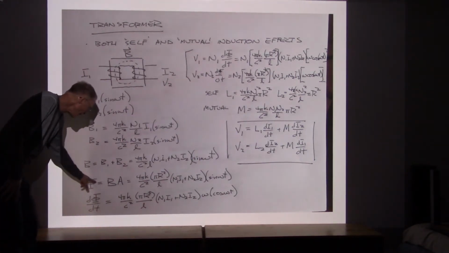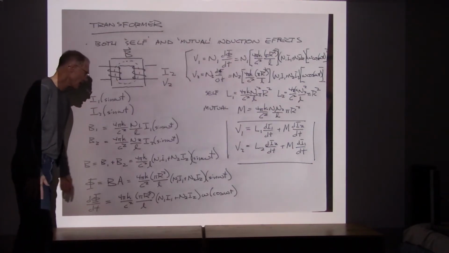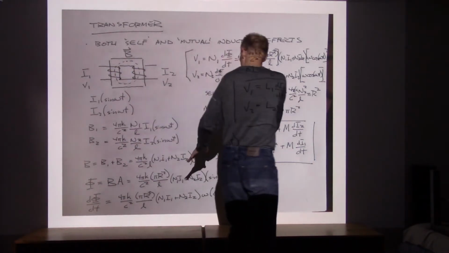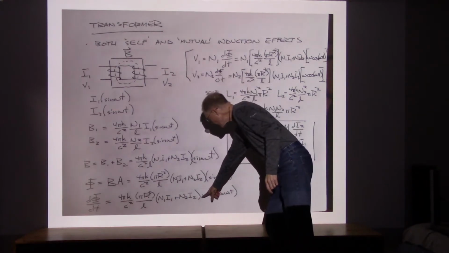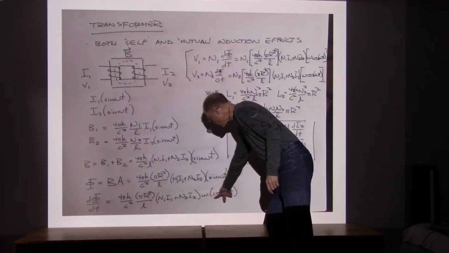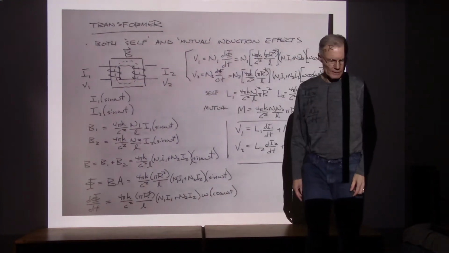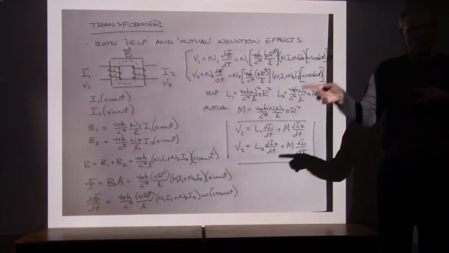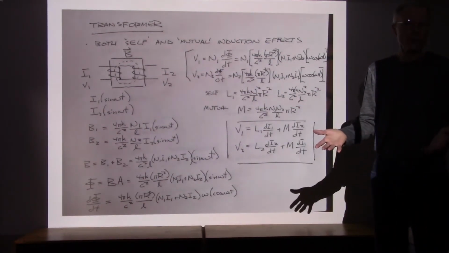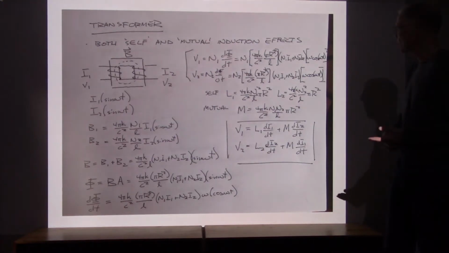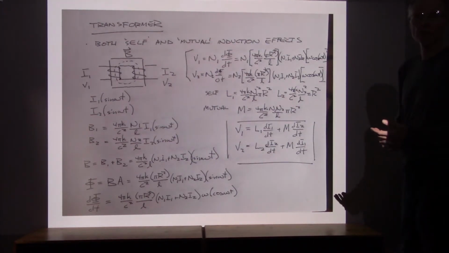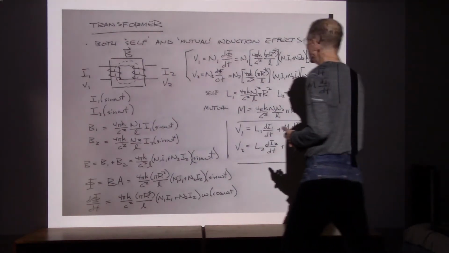We're going to take a time derivative of that, and the time derivative has the very same set of constants, but now I'm going to have an omega factor and a cosine omega t. So you can kind of see we're headed towards using Faraday's law to determine how much voltage we'll have on each side.